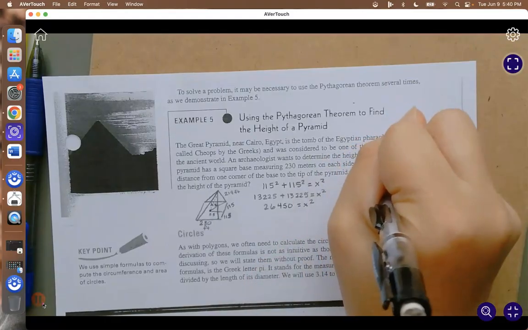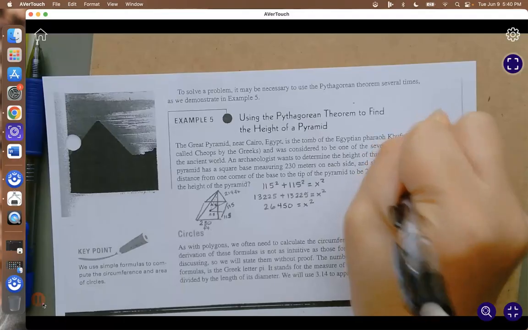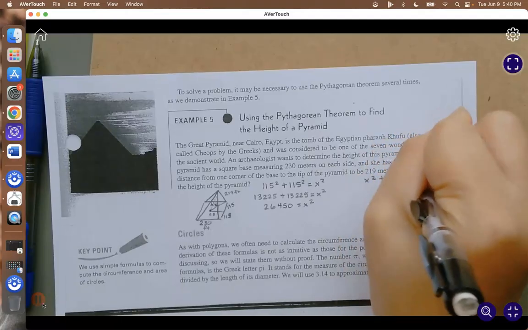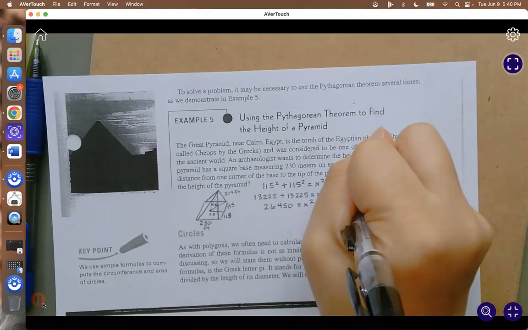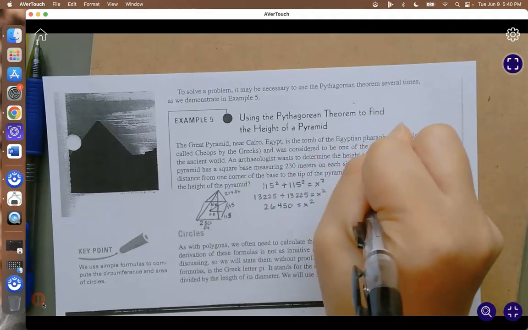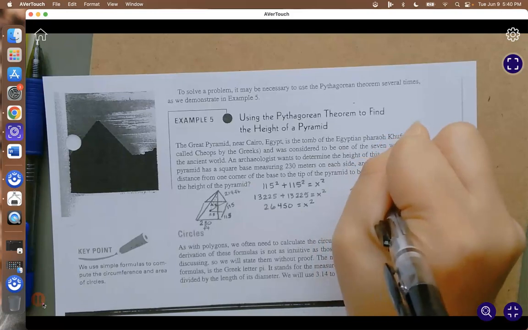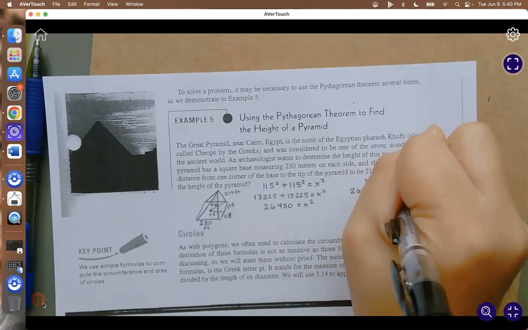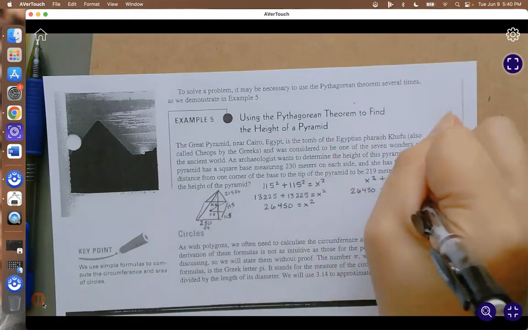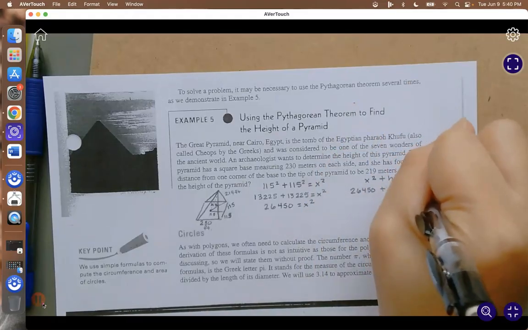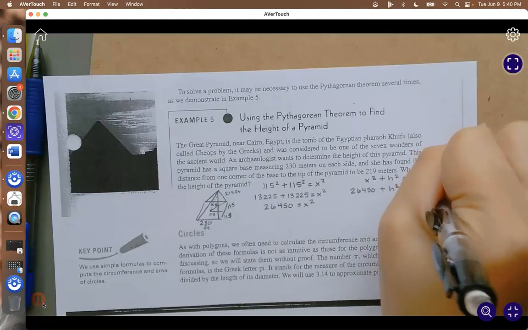I'm going to be doing x squared plus h squared equals the 219 squared. And so we can just put that x squared in there, if that makes sense. I don't know h squared. 219 squared is 47,961.